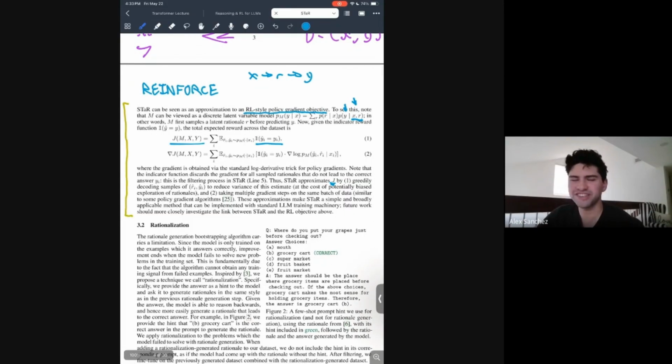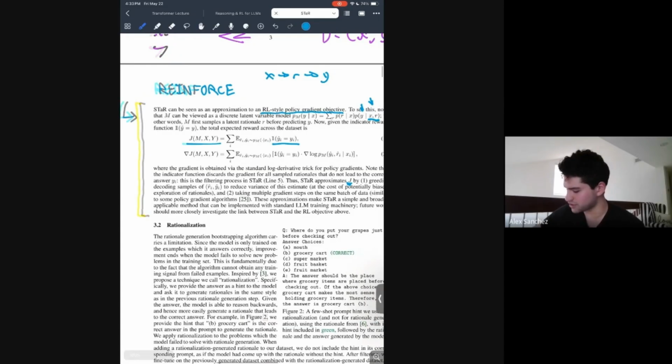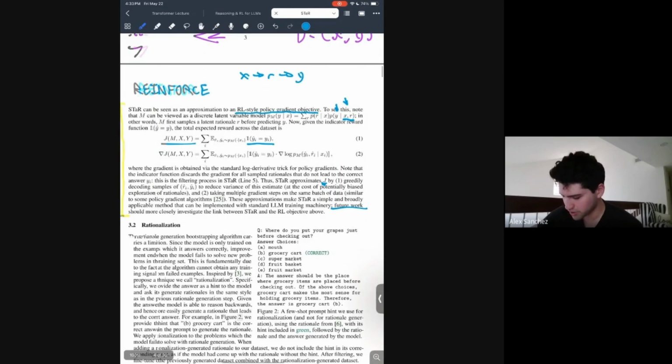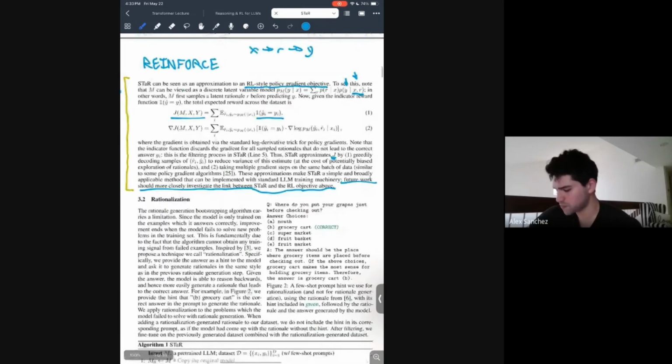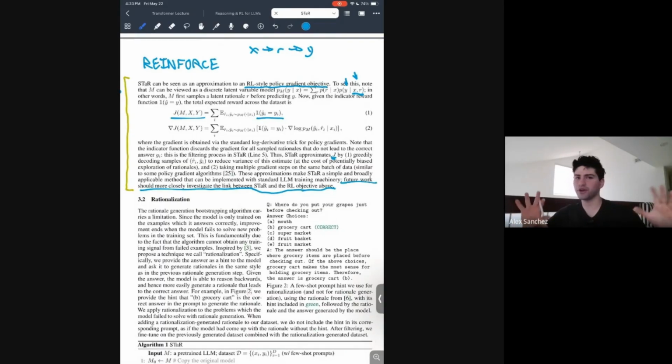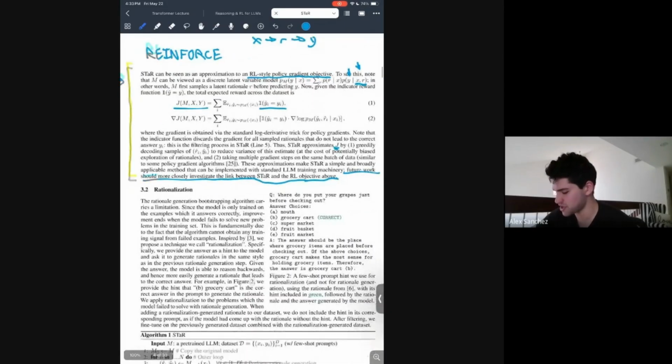We'll talk about maybe some issues in assuming that later, but that is the RL approximation here. They don't really go more into it. They literally say future work should investigate the link. I guess it's grounding for future work. Remember, this is a foundational paper, very novel at the time, May 2022, maybe, whenever it came out.